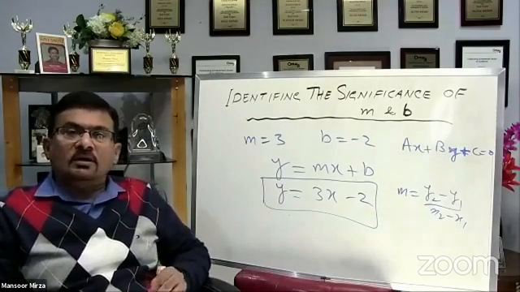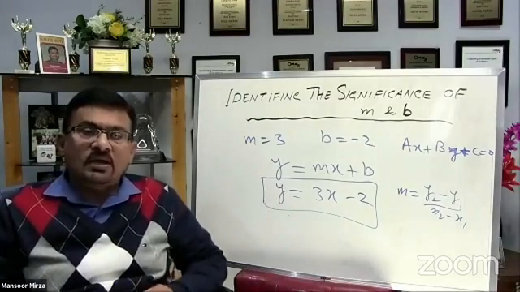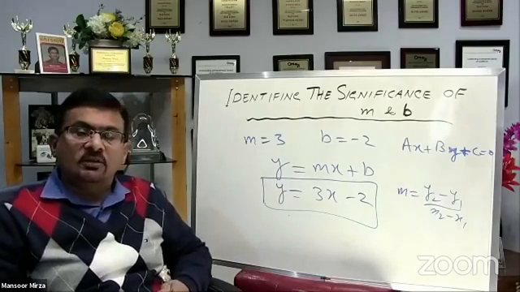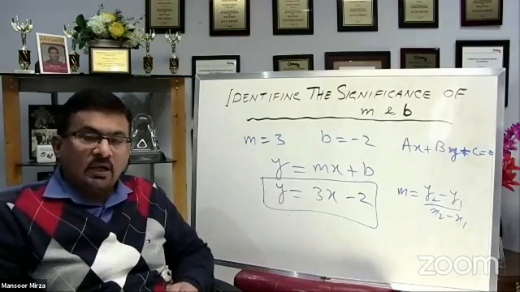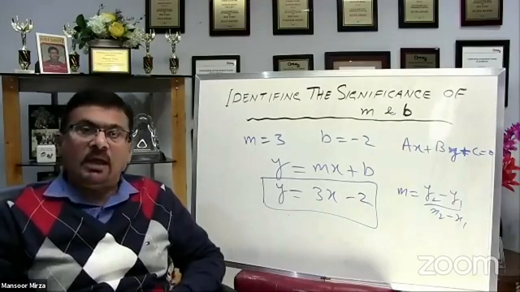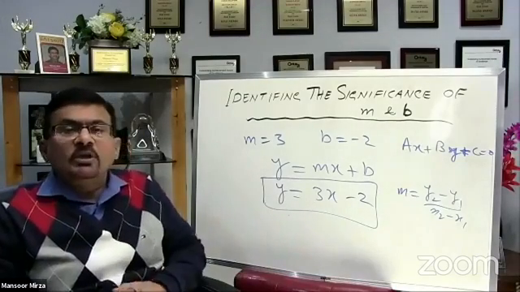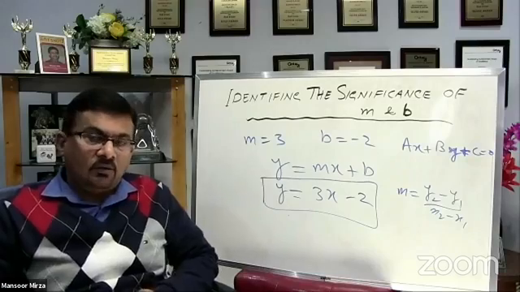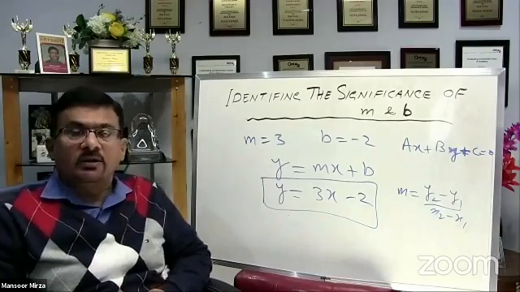I hope that students were able to understand this topic of identifying the significance of m and b in any equation, and how we calculate the value of m, and if we have the values of m and b, where we insert these values to get the equation of the line in y-intercept form.